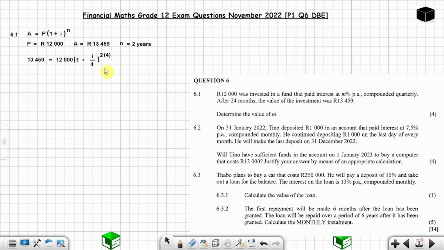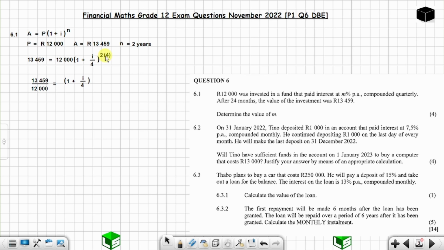So let's carry on. Now you are going to divide by 12,000 on both sides so that you can have this part on its own. On this side you have this divided by 12,000. This is equal to, you are left with 1 plus I over 4, you close your bracket, to the power of 8.